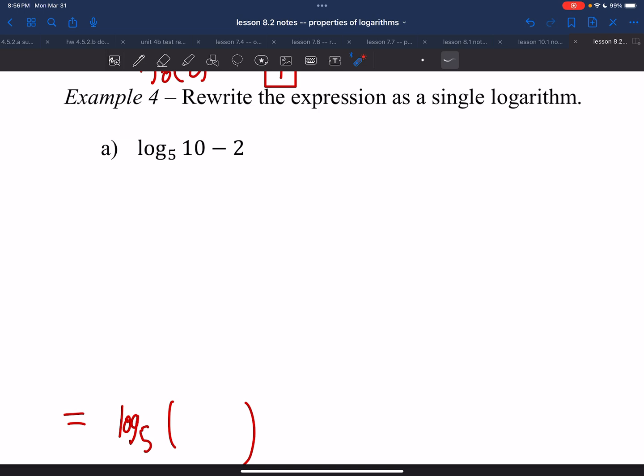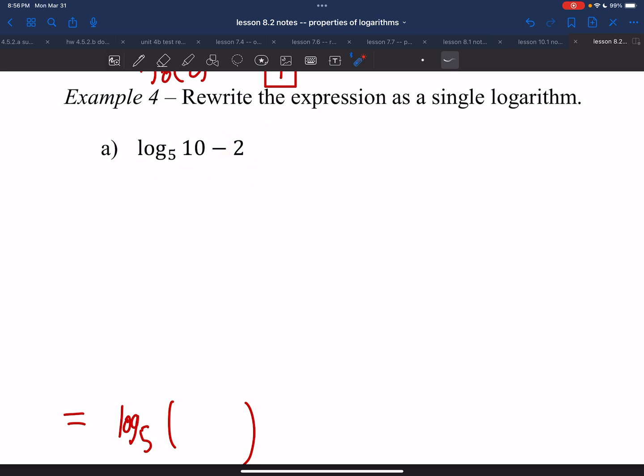And if you think it's as easy as log base 5 of 8, well, that's wrong, because you don't combine logarithms that way. And if you think it's log base 5 of 10 over 2, well, that's also wrong, because the quotient rule is for division from logarithms. So the goal here is to actually change 2 to be in log base 5.